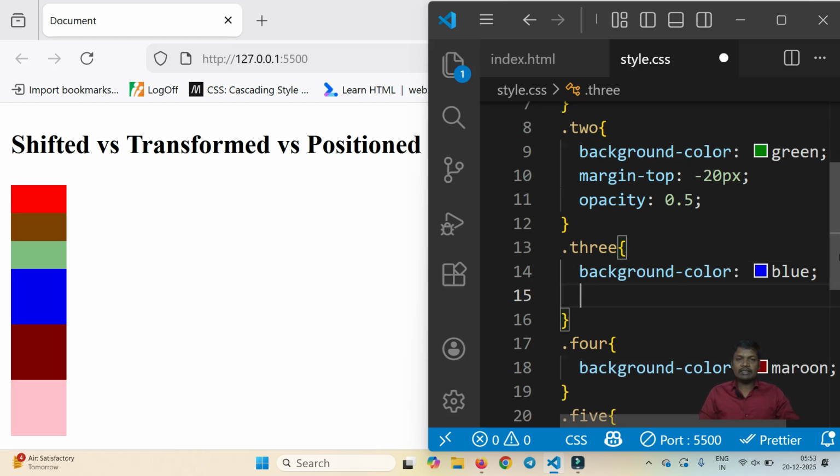Now we make the blue element a transformed element by using the CSS property transform.